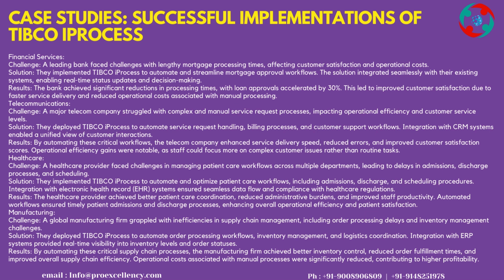Integration with ERP systems provided real-time visibility into inventory levels and order statuses. Results: by automating these critical supply chain processes, the manufacturing firm achieved better inventory control, reduced order fulfillment times, and improved overall supply chain efficiency. Operational costs associated with manual processes were significantly reduced, contributing to higher profitability.